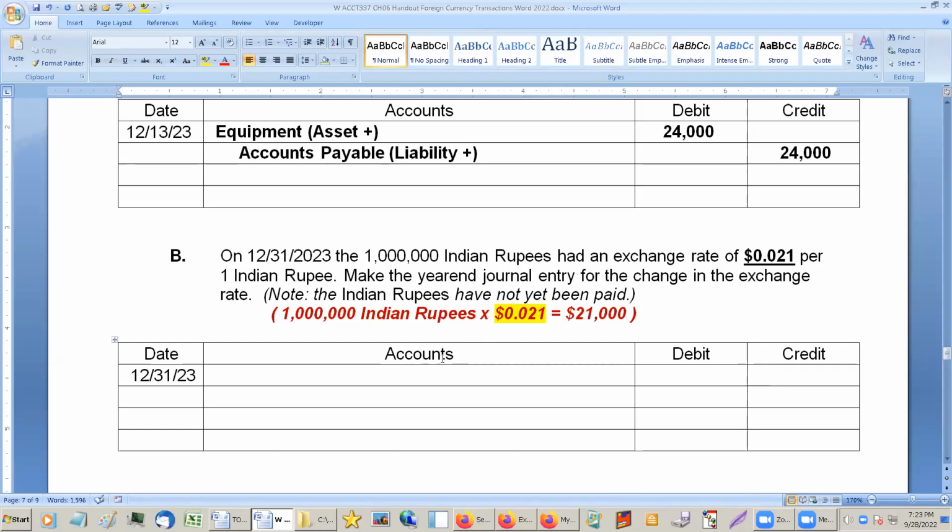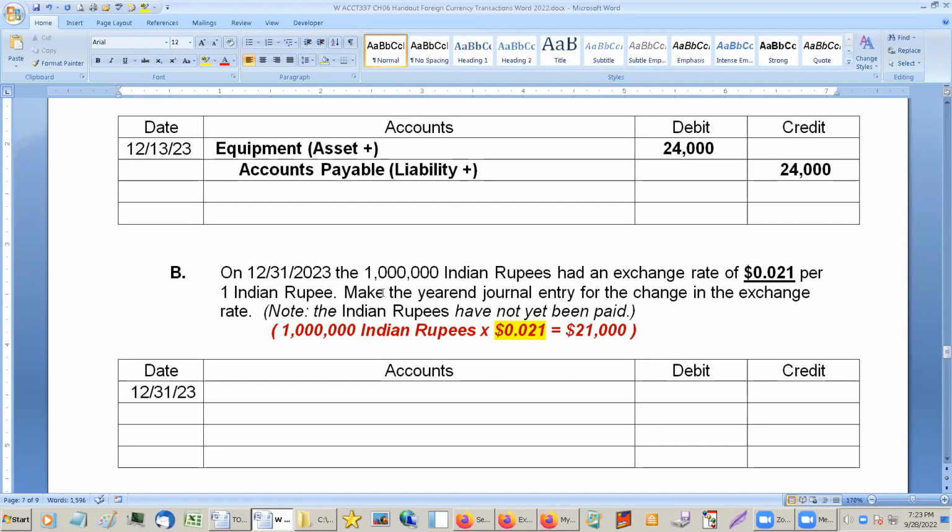But let's say you don't do that. What are you going to do with this one? Would you debit accounts payable by 3,000 and credit translation gain by 3,000? Yep, exactly.